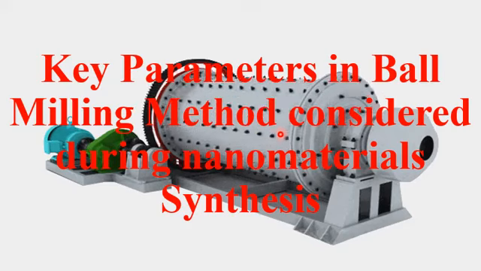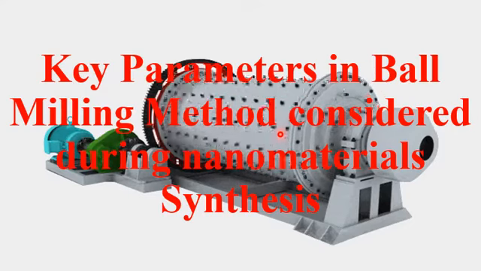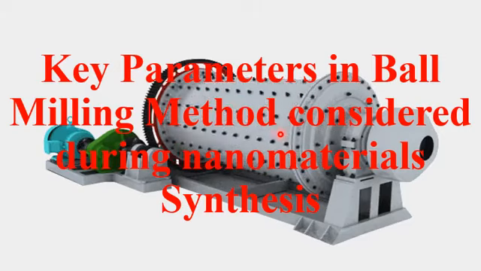The higher the rate, there is a possibility of getting finer particles, but there is also a possibility of incorporation of impurities inside the milled powder or in the prepared nanoparticles. So these are the three main physical parameters which are considered in the ball milling process.